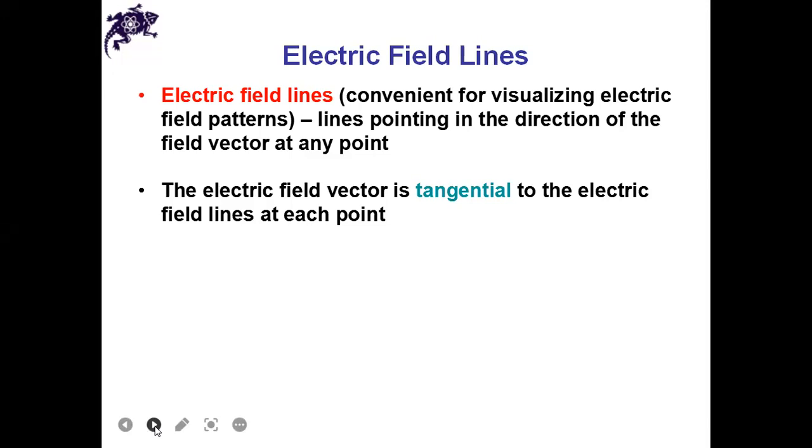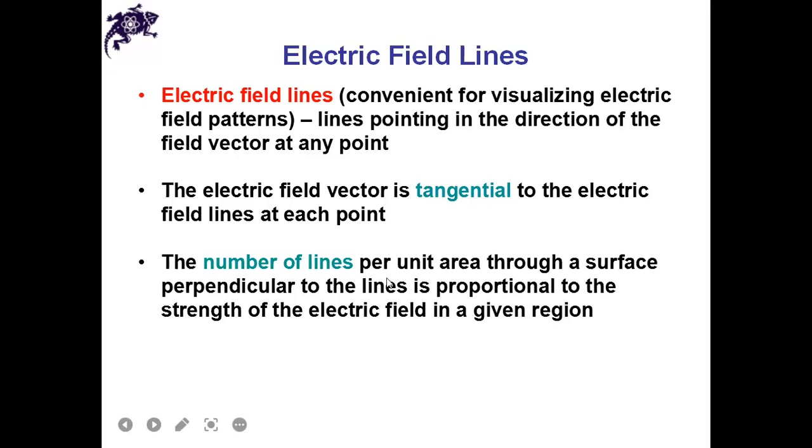Previously, we defined these two items. The number of lines per unit area through a surface perpendicular to the lines is proportional to the strength of the electric field in the given region. So we can define these three as we noted in the previous lecture.